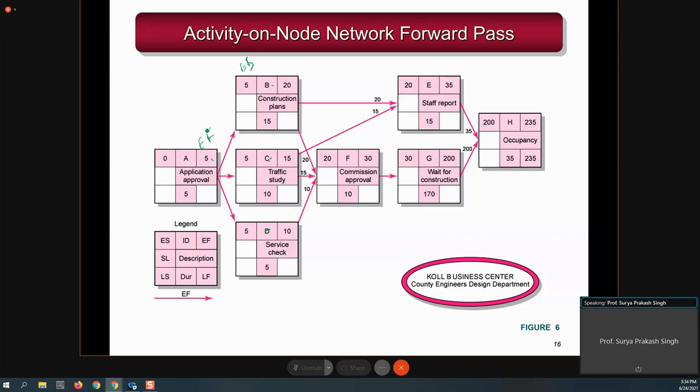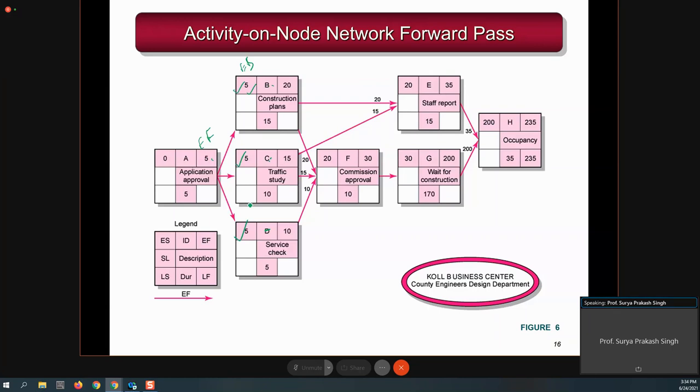You cannot start B before day 5. At the earliest you can only start B on day 5, and therefore we have written 5 here, 5 here, and 5 here.